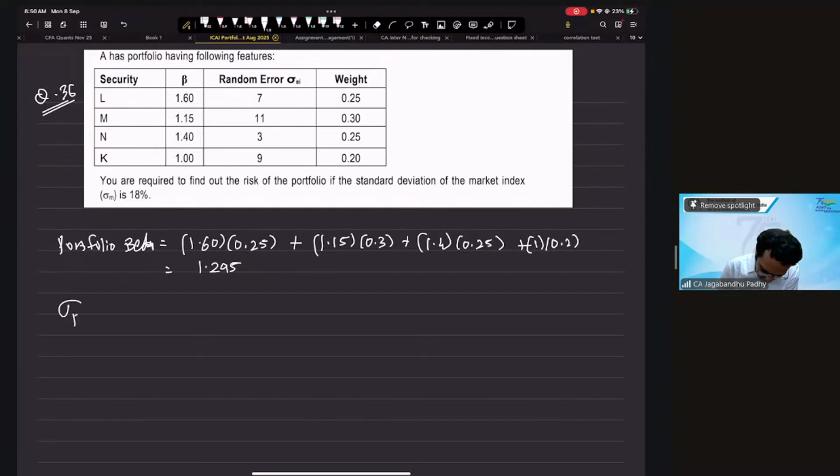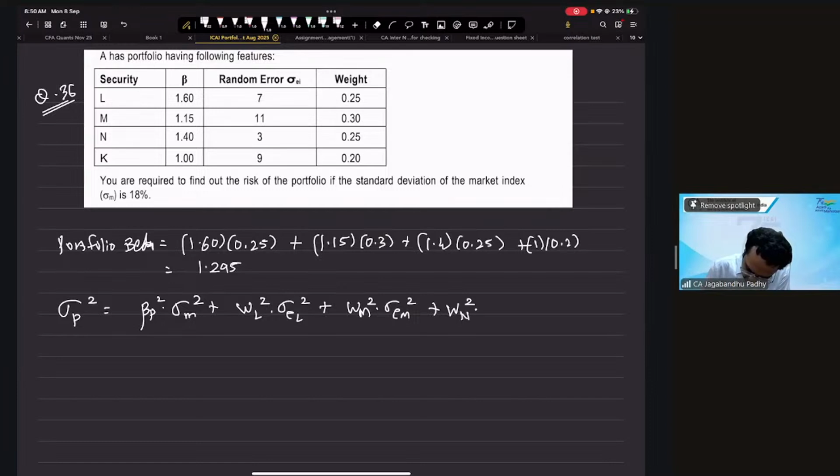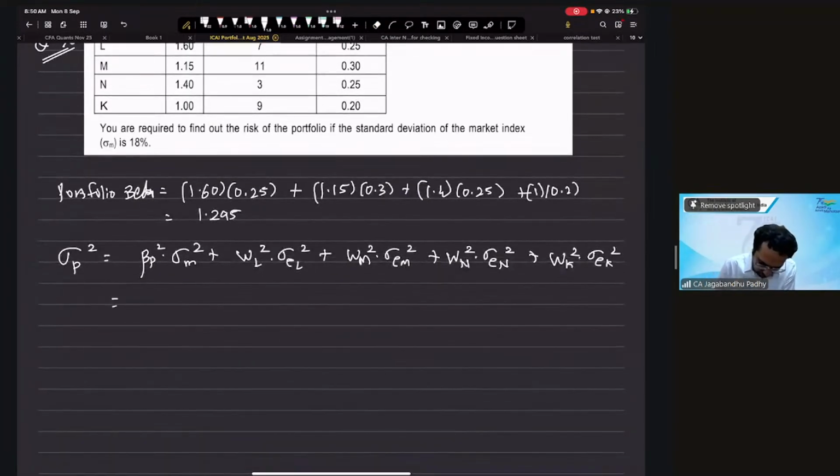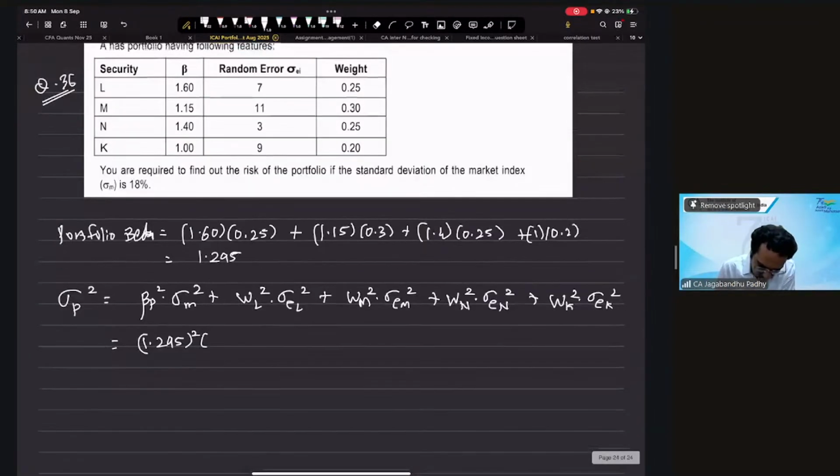Now, risk of the portfolio. So basically, variance of portfolio will be beta of portfolio square into variance of market plus weight of L square into variance of error of L, plus weight of M square into variance of error of M, plus weight of N square into variance of error of N, plus weight of K square into variance of error of K. So portfolio beta is 1.295 square into variance of market.